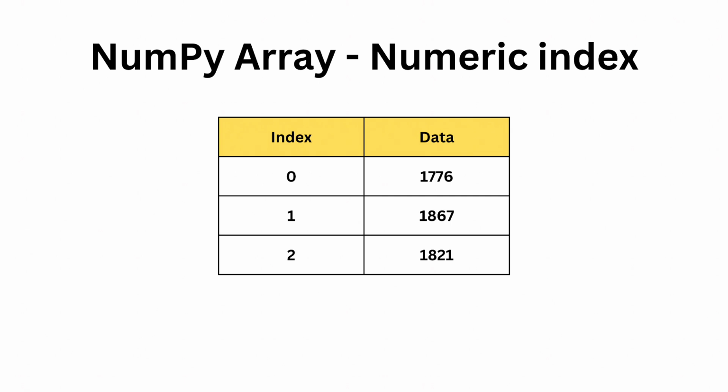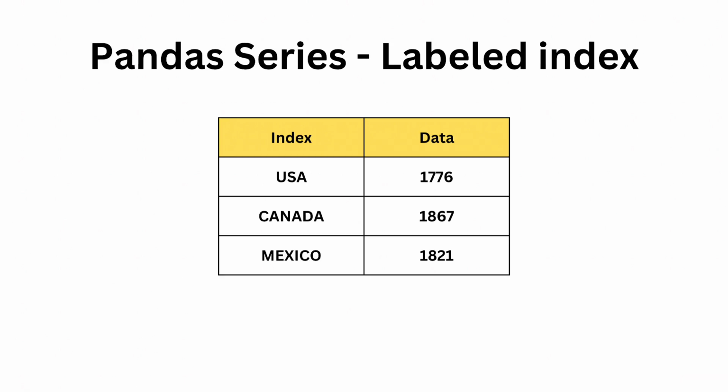Because right now I have to actually memorize the positions of the years instead of memorizing or knowing the association I want with them. And so what a Pandas series allows us to do is supplement that index with a labeled index. So the Pandas series essentially adds on a labeled index that can be strings or names or really anything you want here.